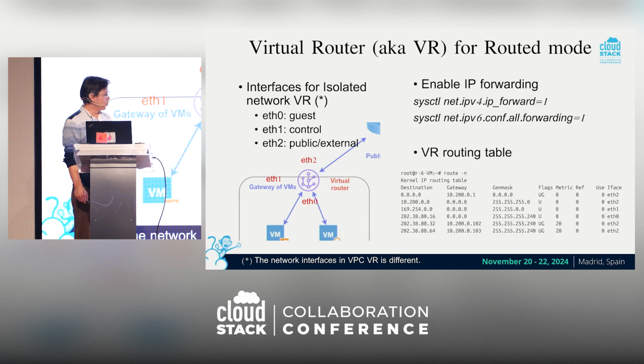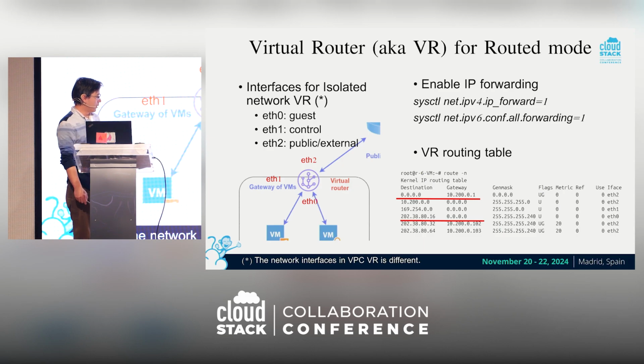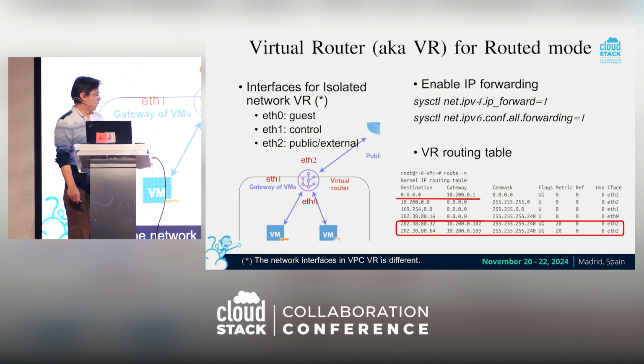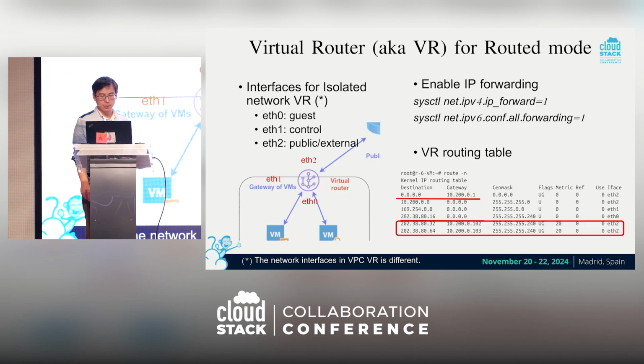If we look at the routing table in a CloudStack VR, it has the route to the public, which is the default route, the route to its own VMs, and the last 2, which are automatically advertised by BGP. With this, the CloudStack VR can do the IP routing for all the traffic. It's much simpler than the VR of the native networks.